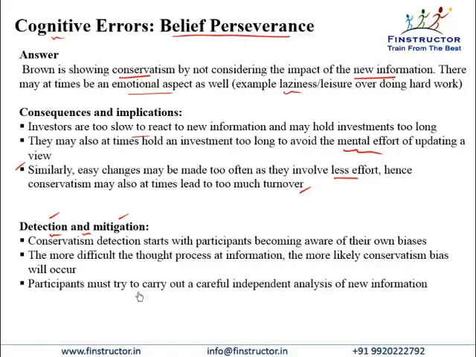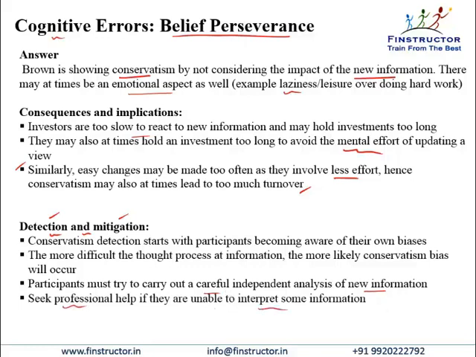Participants must try to carry out a careful and independent analysis of new information and base their decisions on that analysis. If the information is too complicated, you should not shy away from seeking professional help in case you're unable to interpret some of the information.